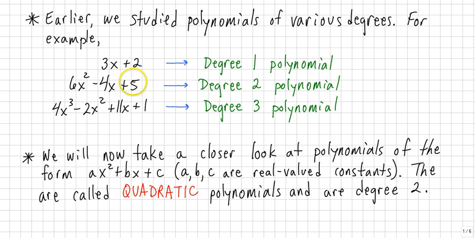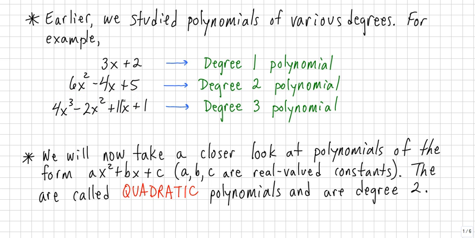The 5 has degree 0, the negative 4x has degree 1, and the 6x squared has degree 2. So this is a degree 2 polynomial because that's the biggest degree for one of its terms. And then as another example, 4x cubed minus 2x squared plus 11x plus 1 is a degree 3 polynomial because that's the biggest degree of any of its terms.